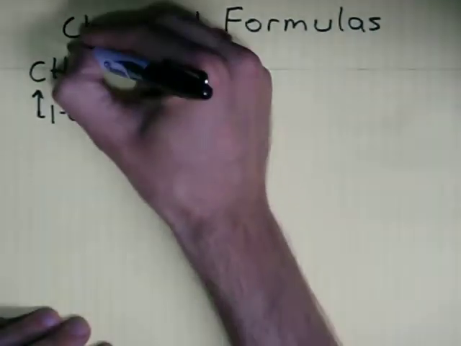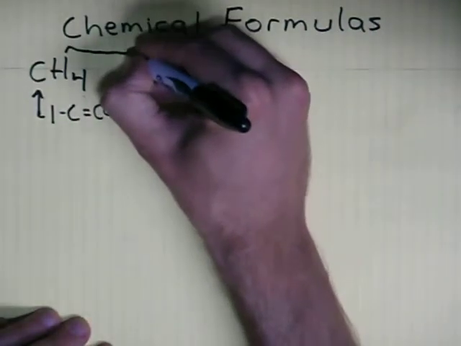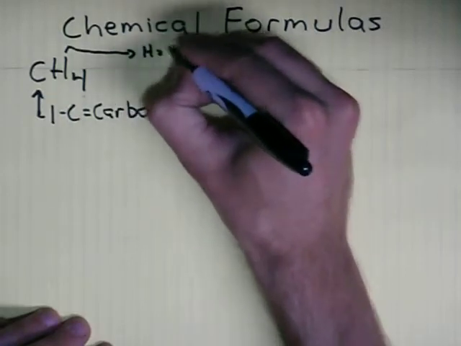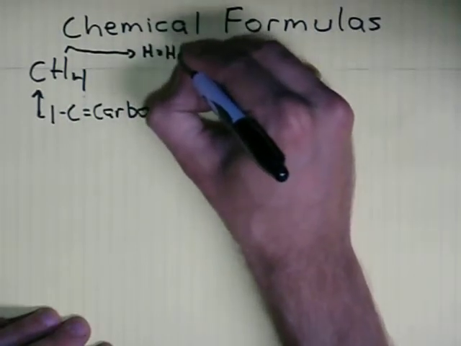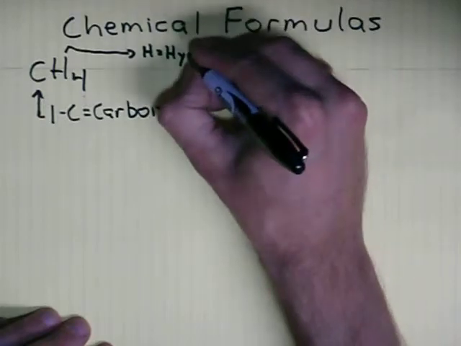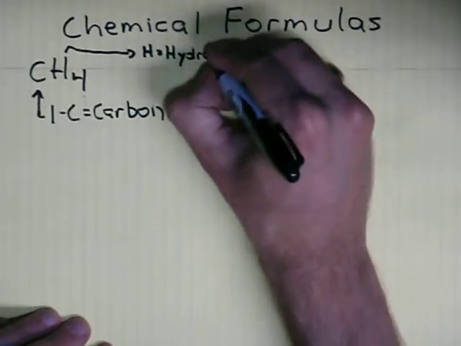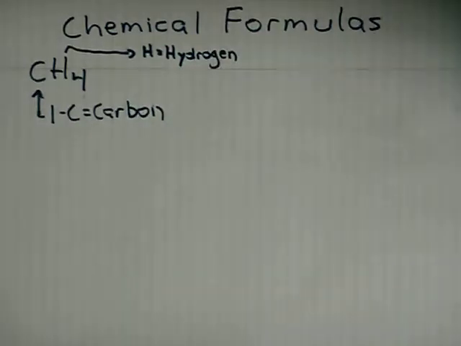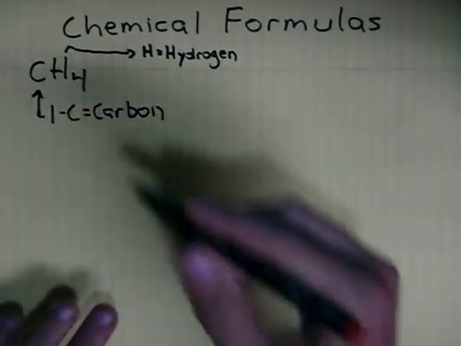Next to that, we have H. And if we look on the periodic table, we will see that H is the symbol for hydrogen. So we've got C, carbon, H, hydrogen. Then we have this number 4 here.